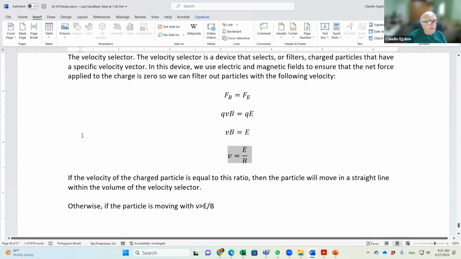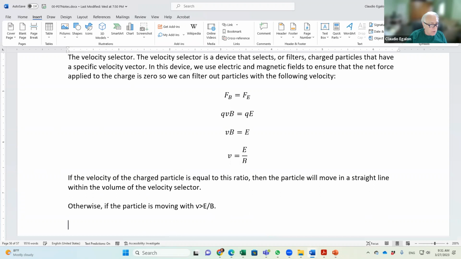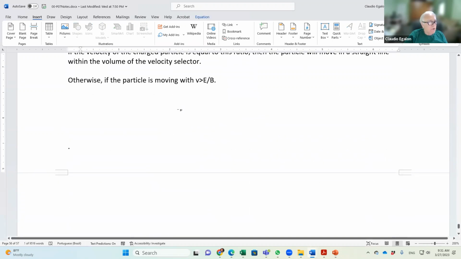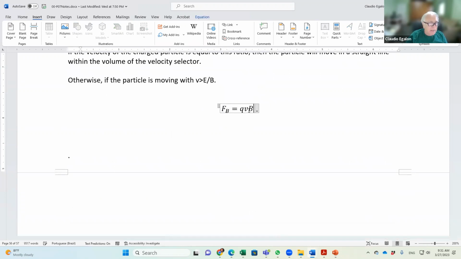What's going to happen? The magnetic force is going to be given by QVB.